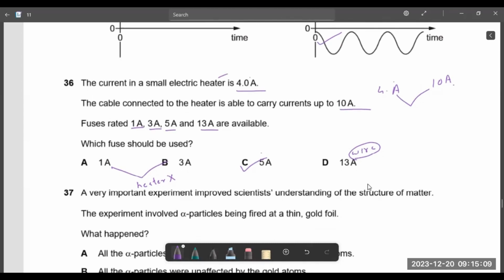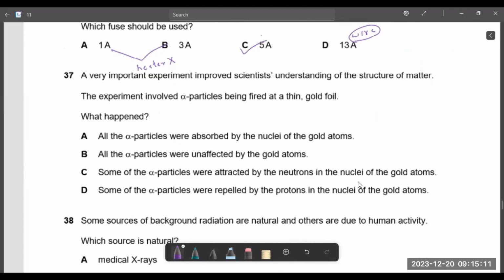Next, a very important experiment improved scientists' understanding of the structure of matter. The experiment involved alpha particles being fired at a thin gold foil. What happened? This is actually Rutherford's gold foil experiment.